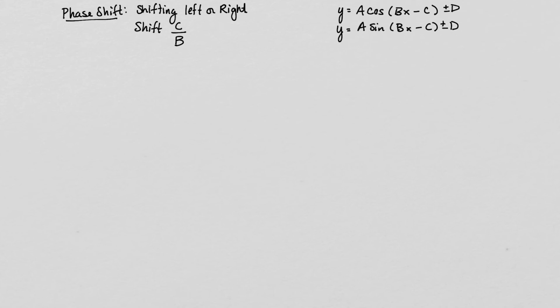So, for example, sketch a graph of y equals the cosine of x minus pi over 2.